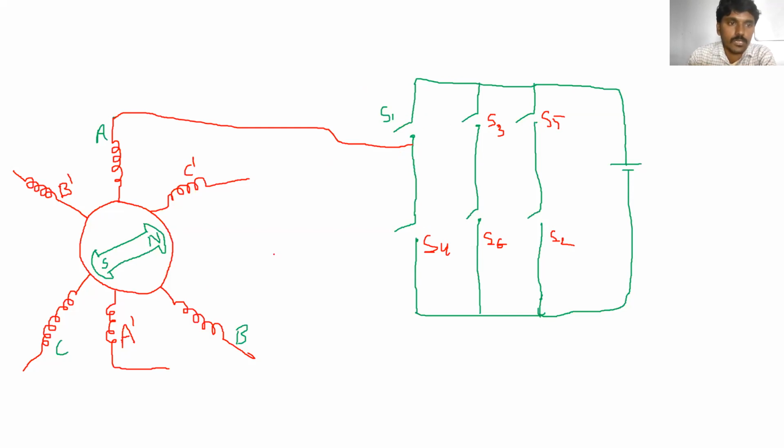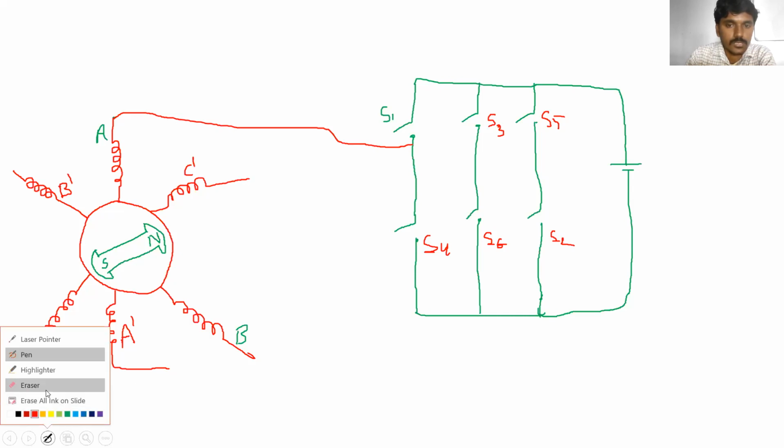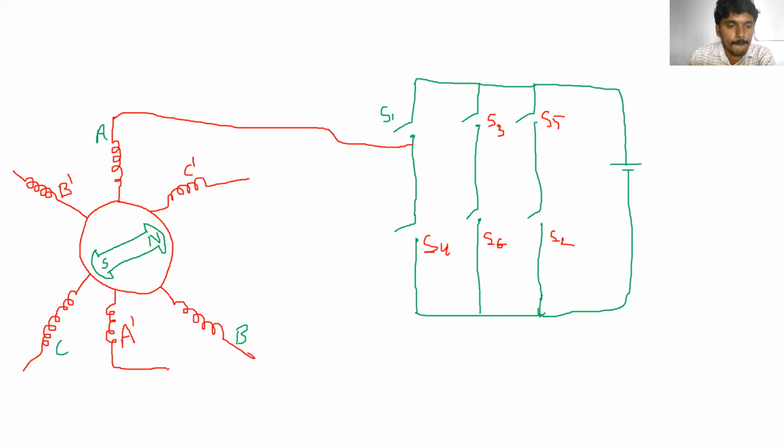So if you want to excite the A coil, close the switch S1. Next, this is the R phase, A phase.